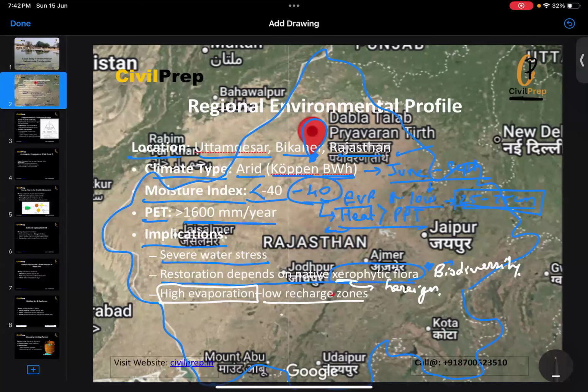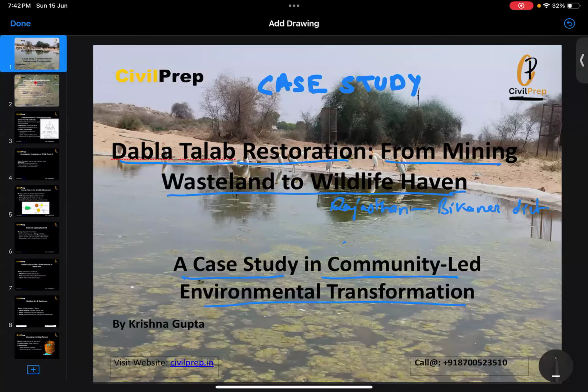Moving ahead, this is a basic regional profile of this particular lake, the Dabla Lake or the Dabla Talab, which has been restored in the contemporary time after mining activities had converted it into wasteland. Now, in the Bikaner region there are certain mines.